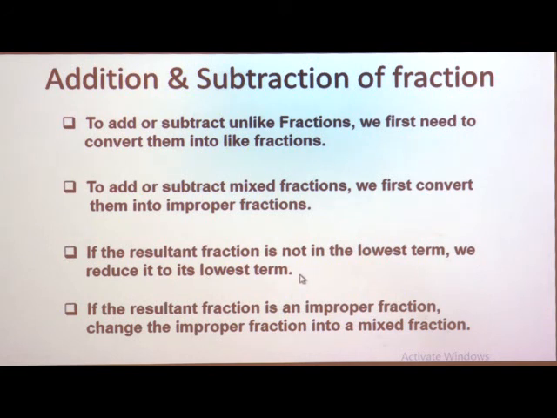So if it is possible to reduce the result of the addition or subtraction of fractions to the lowest term in the last step, we have to reduce it and find the lowest term of the fraction.